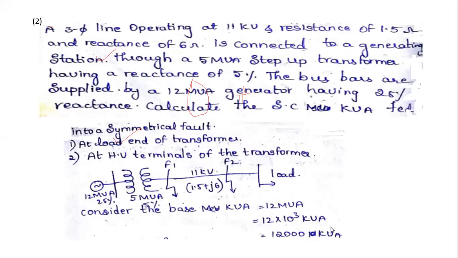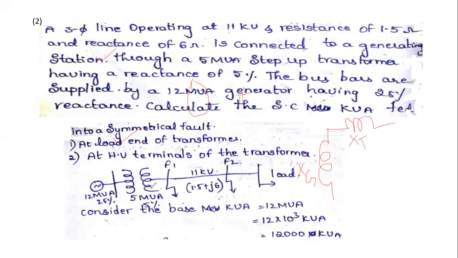That is a reactance. This is the percentage Xg value. Next, the transformer. The transformer is represented like a reactance. This is the XT.